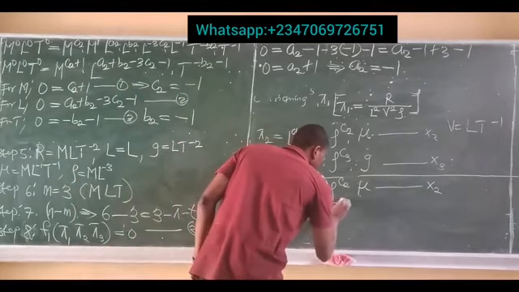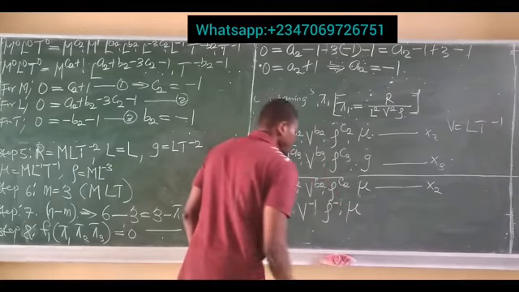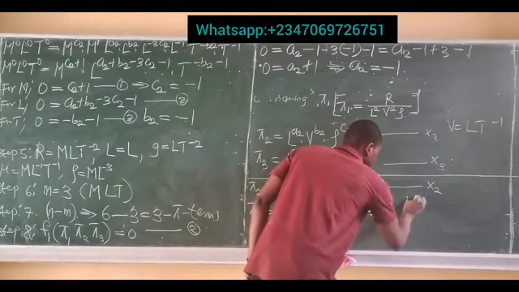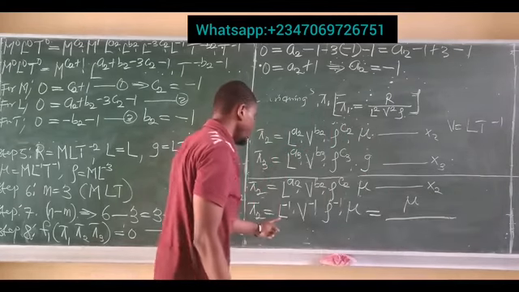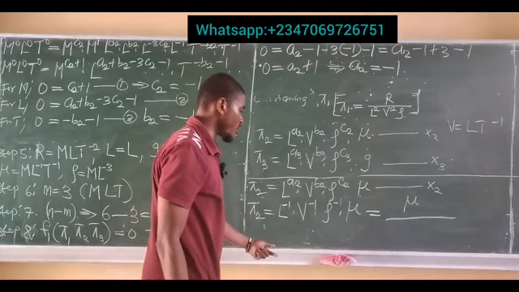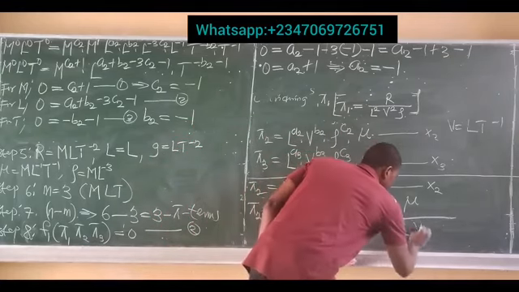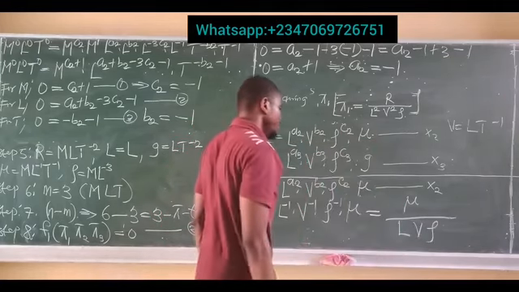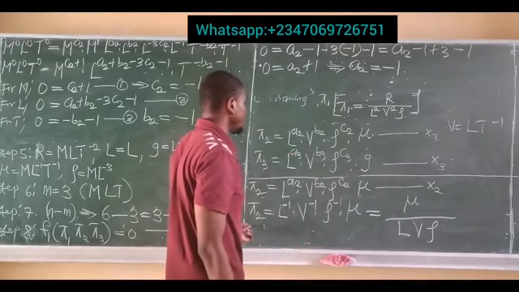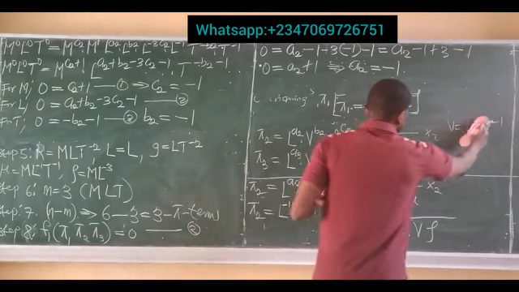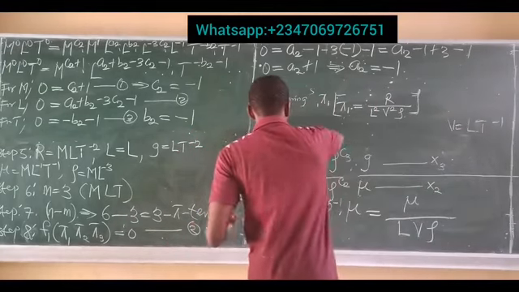So rho to the power of minus 1 times mu. And if you rearrange, this is going to be mu all over, since this is to the power of minus 1, it means they are going to be coming down. So it becomes all over L, V, and rho. So this stands for our pi 2. So we can now take this off for pi 2 and write the original value of pi 2.